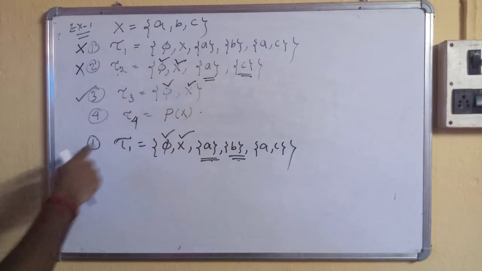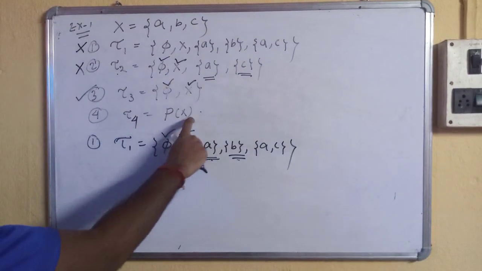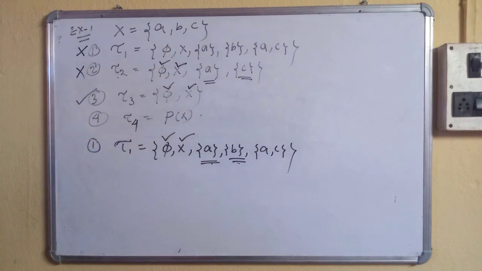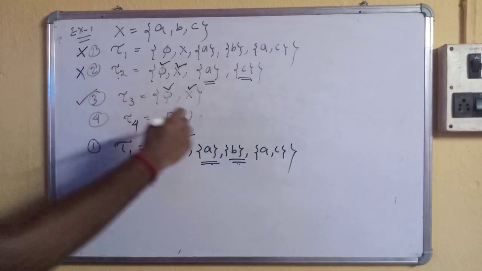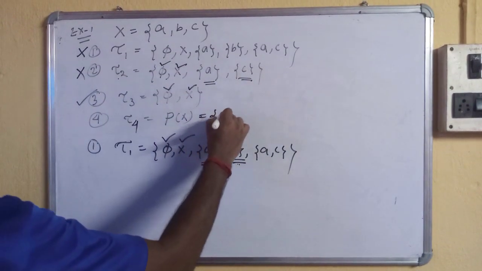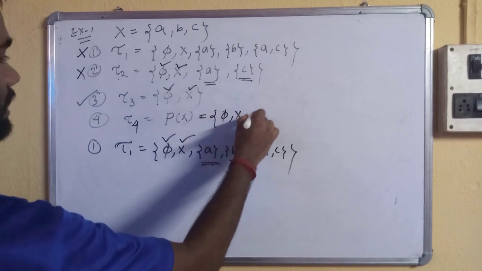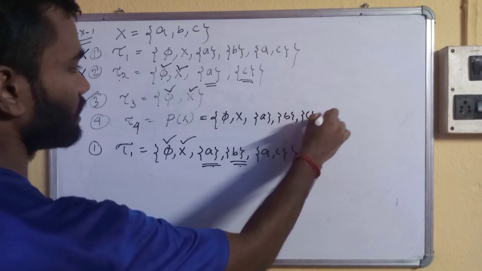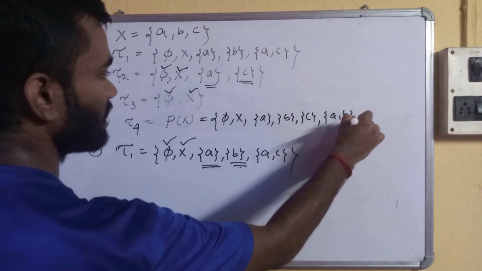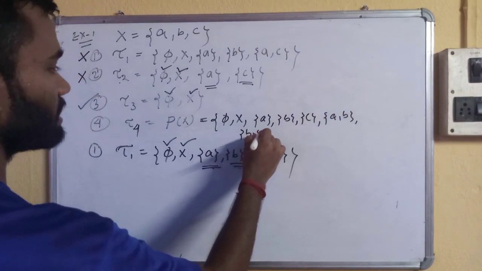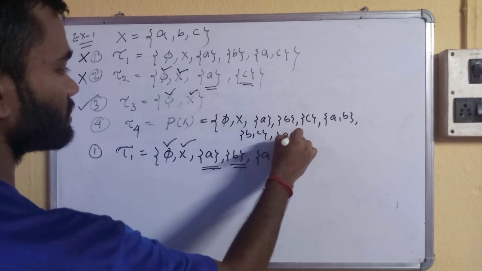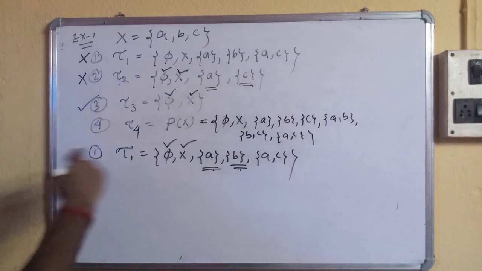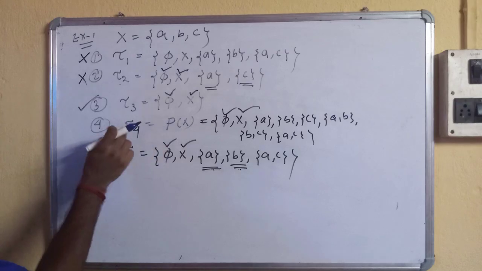For number 4, tau 4 is given as the power set of X. That means it contains phi, X, singleton a, singleton b, singleton c, {a, b}, {b, c}, {a, c}, right. So phi and X are in tau 4.